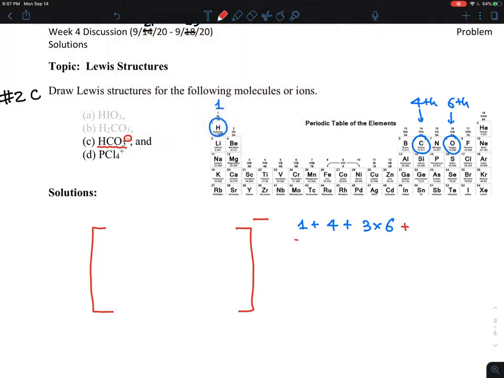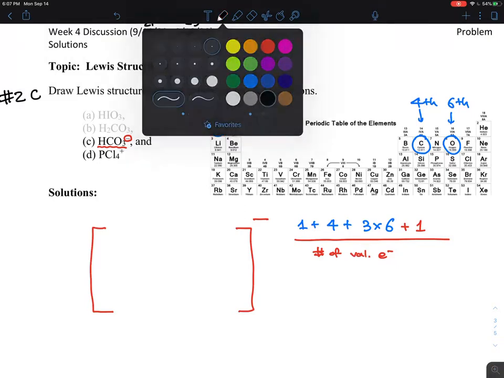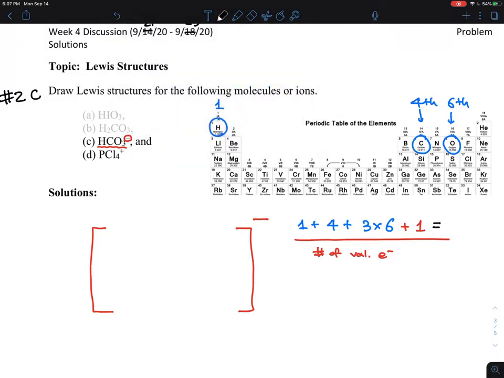So for the number of valence shell electrons, one negative charge means one extra electron, so plus 1 is going to be your number of valence shell electrons to be used to make bonds and the lone pair electrons. And so that will make it 24 electrons, okay?